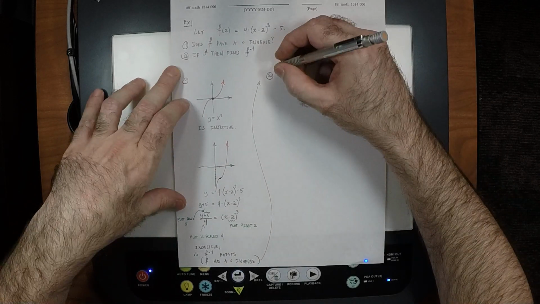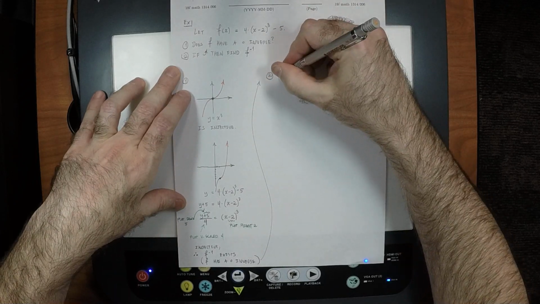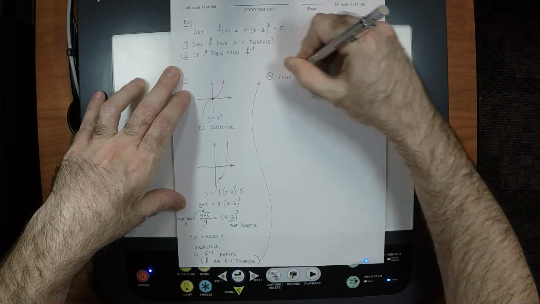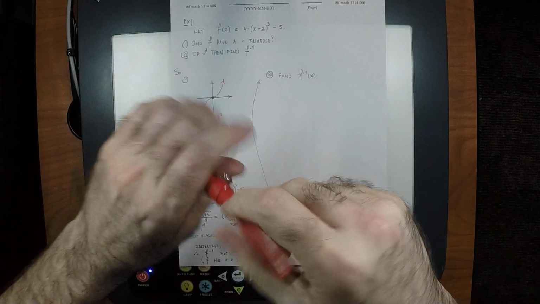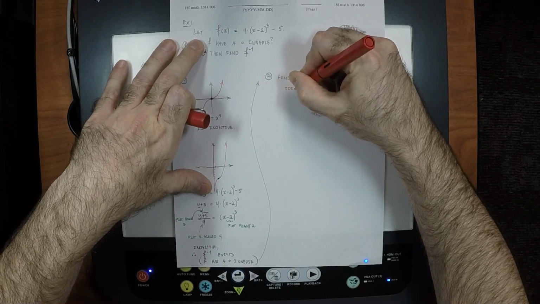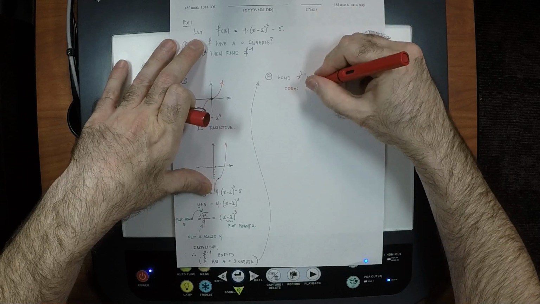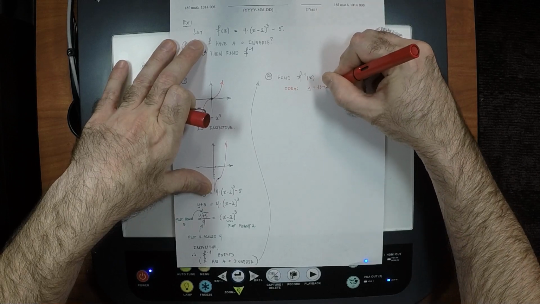Okay, so to actually find the inverse, we want to find F inverse of x. Well, here's the main idea. I'm going to write a very simple example right here. So suppose we have y is 13x plus 14.